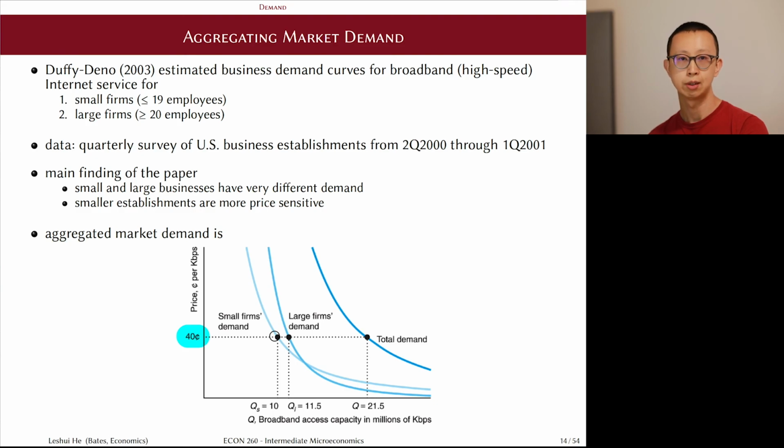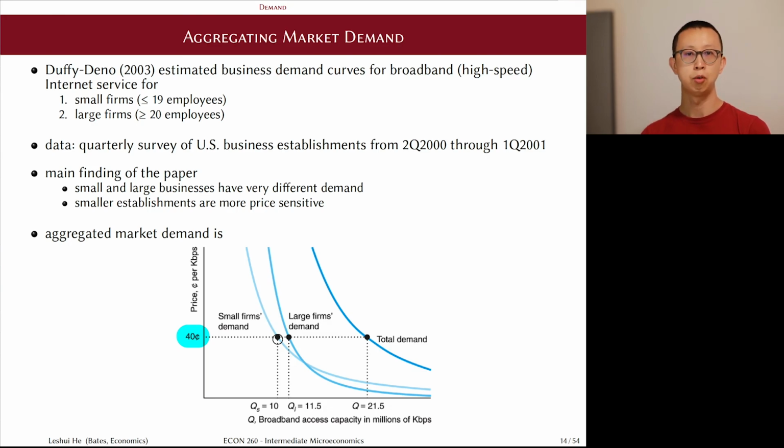What you realize, hopefully, is that as the price increases, the change in quantity demanded along the small firms' demand curve is going to be a lot larger compared to the reduction along the large firms' demand curve, exactly because the small firms' demand is flatter. So this is where the demand curves capture the notion that small firms' demand is more sensitive to price changes.